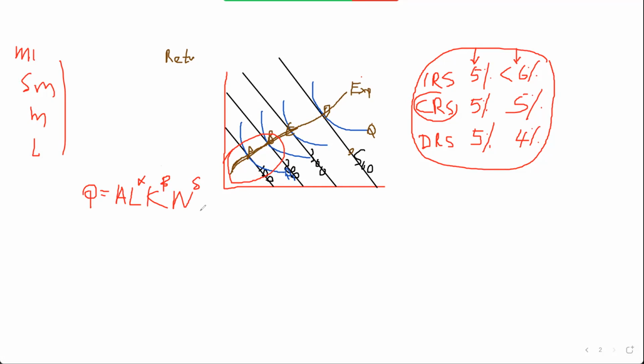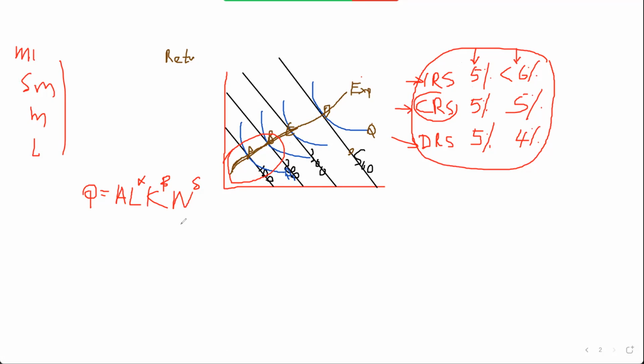If you estimate this production function, how do you identify whether the particular firm you study is currently operating at increasing return, constant return, or decreasing return?